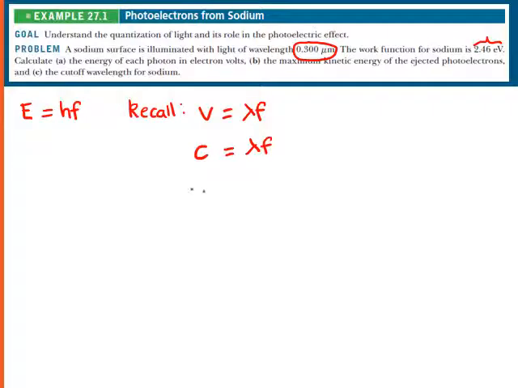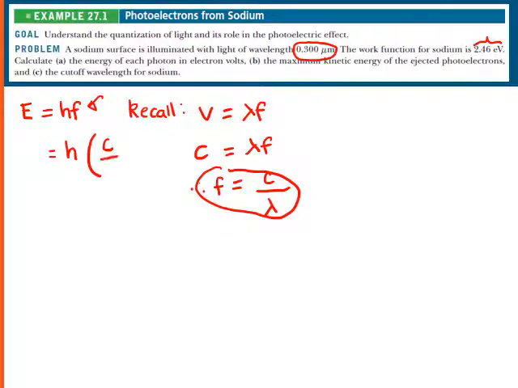Therefore the frequency is c, the speed of light, divided by the wavelength. We can substitute this into the equation, so that the energy is equal to h, and instead of f we have c over lambda.